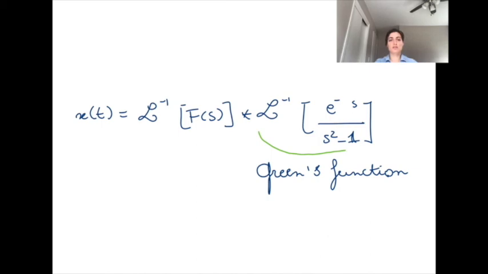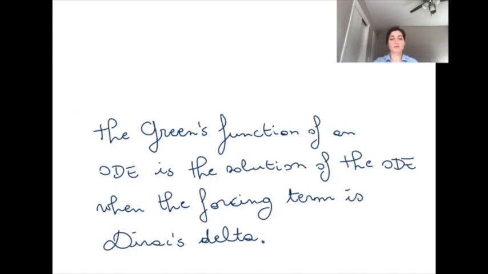And this is a general statement. When you're solving an equation, if you solve first by replacing the right-hand side by the Dirac delta function, you will find the Green's function, and you can use that. You can find the general solution as the convolution of your right-hand side with the Green's function.